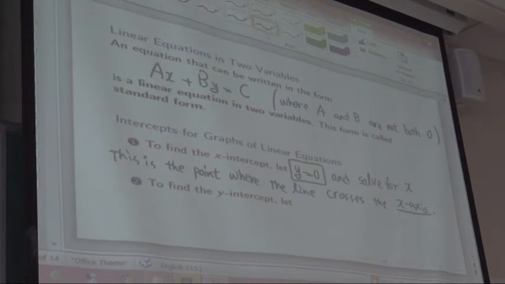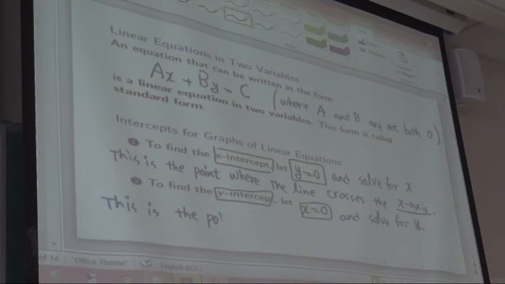In a similar way, we can find the y-intercept by letting x be equal to 0 and solving for y. This is the point where the line crosses the y-axis.